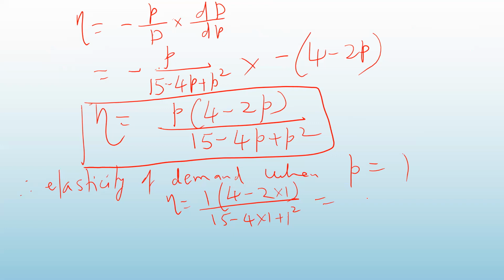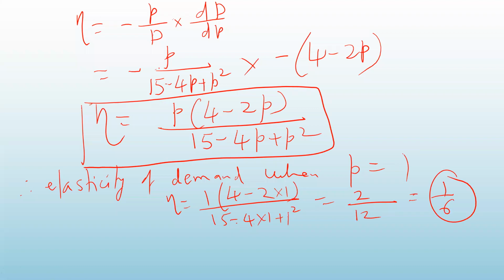So in the numerator, you will get 2. And in the denominator, you will get 15 minus 4 plus 1. So it will be 11 plus 1, that is 12. So 2 divided by 12, which is equal to 1 upon 6. So this is the answer. So the elasticity of demand when price is 1 is equal to 1 upon 6.